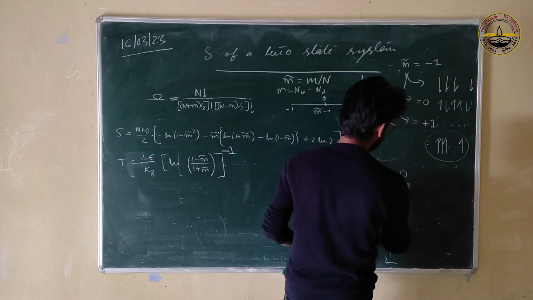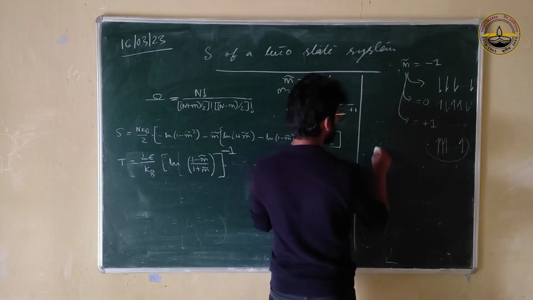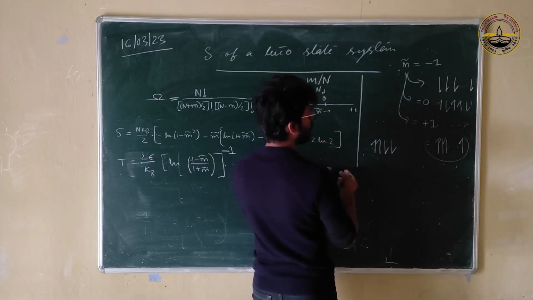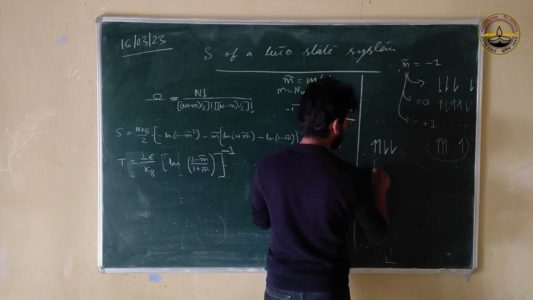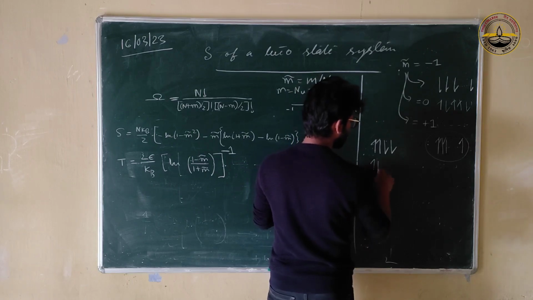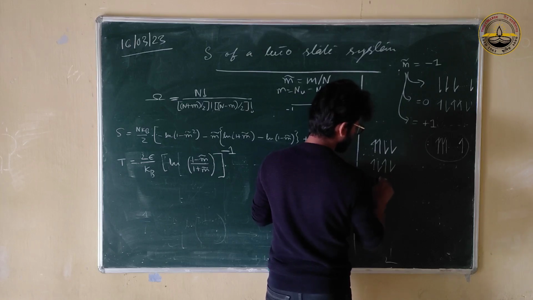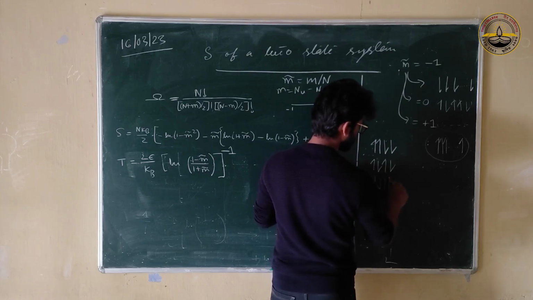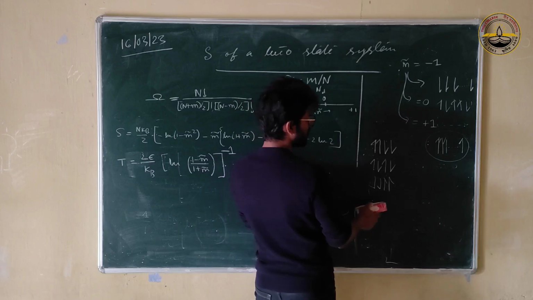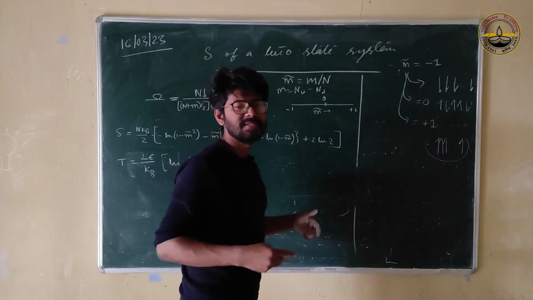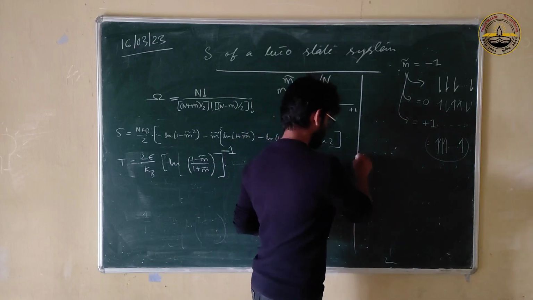What happens when you have equal number up and equal number down? It has the maximum possibility. So it could be this, this, or this, that way, right? So half of them pointing up, half of them pointing down is the maximum entropy state.